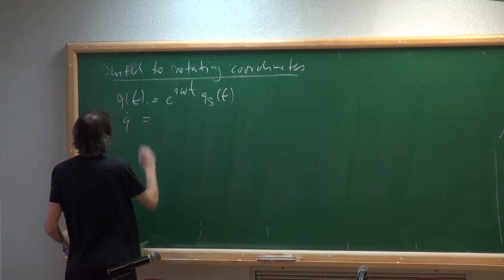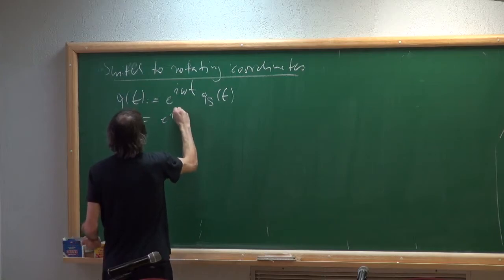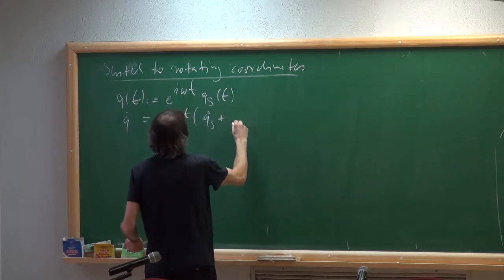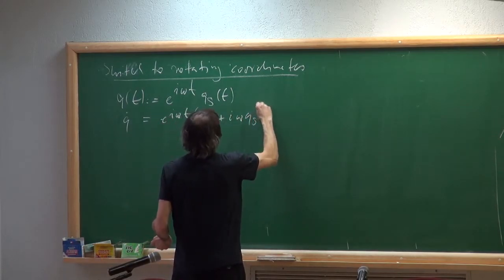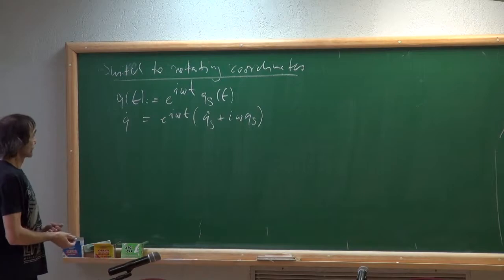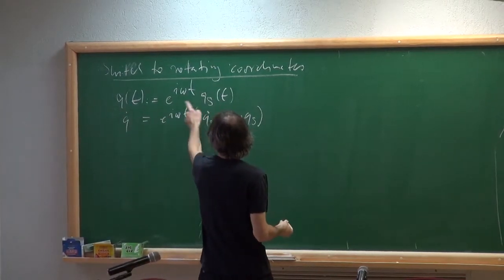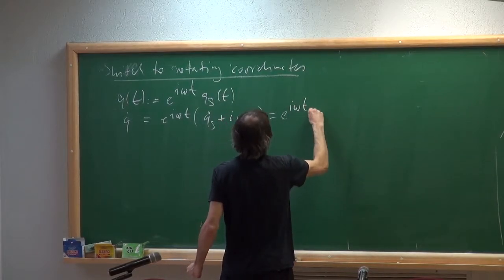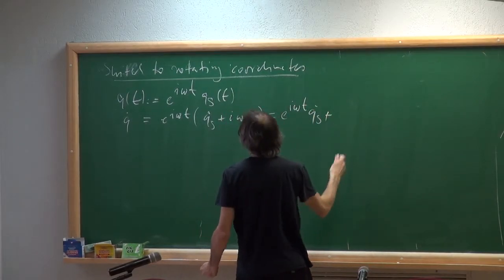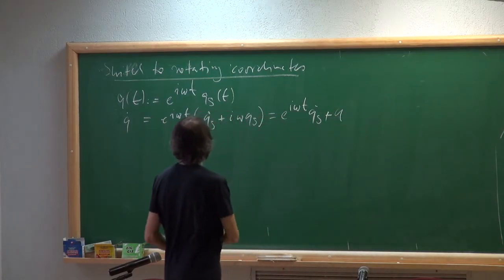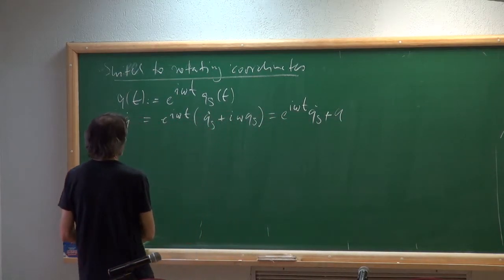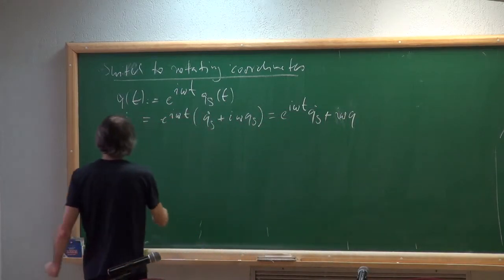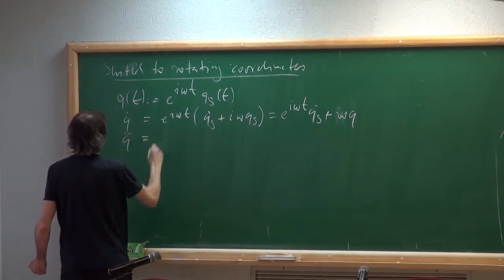So q dot is i omega e to the i omega t qs plus e to the i omega t qs dot, or which I can also write, inserting this back, as e to the i omega t qs dot plus q times i omega. Okay, q double dot.